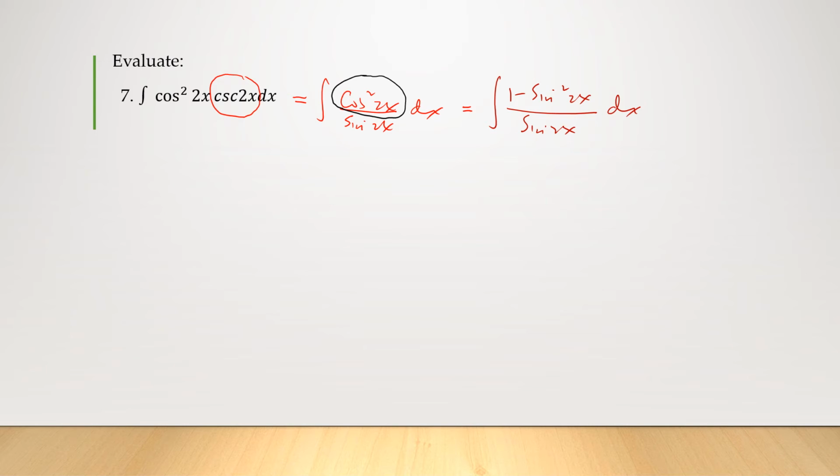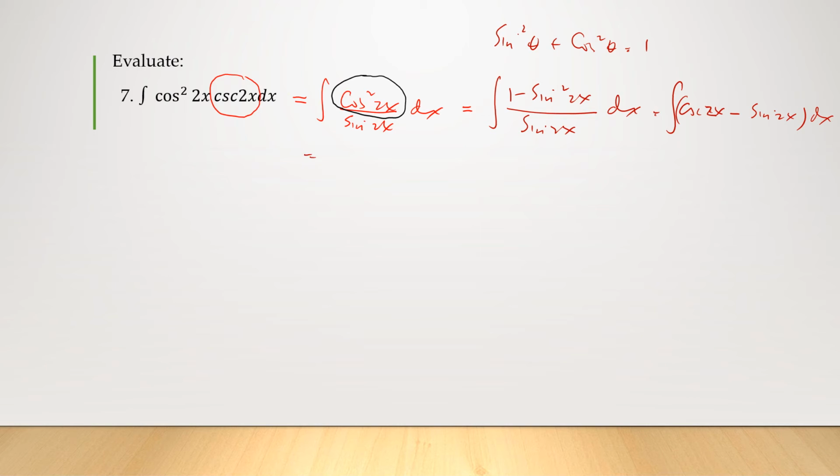So it comes from the identity sine squared theta plus cosine squared theta equals 1. Now we divide each by sine 2x, and 1 over sine is actually cosecant 2x. Then minus sine squared 2x over sine 2x is of course sine of 2x, quantity dx.